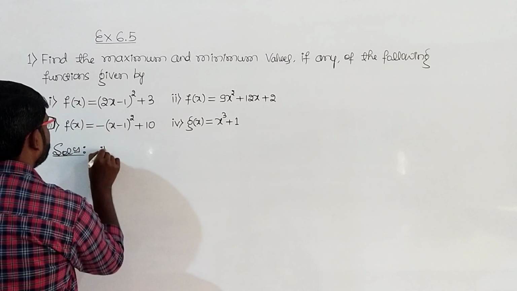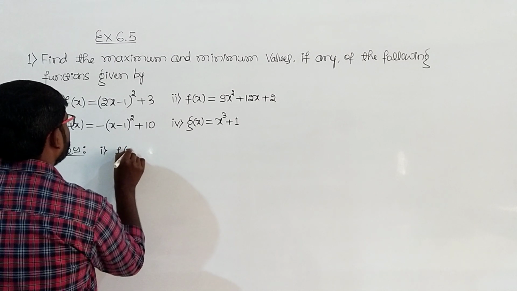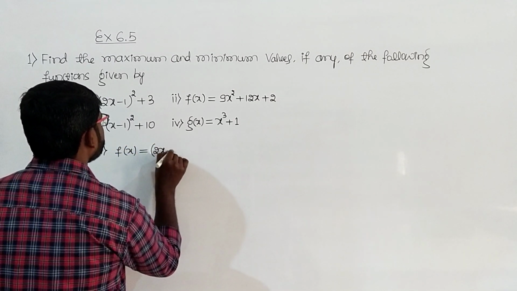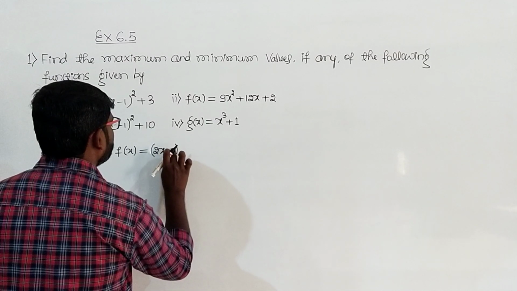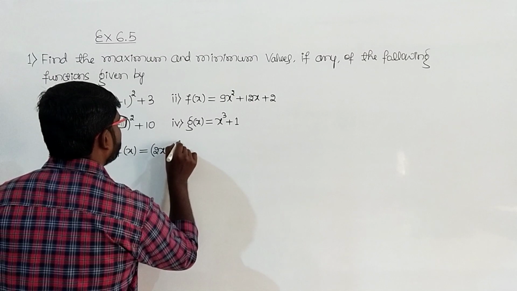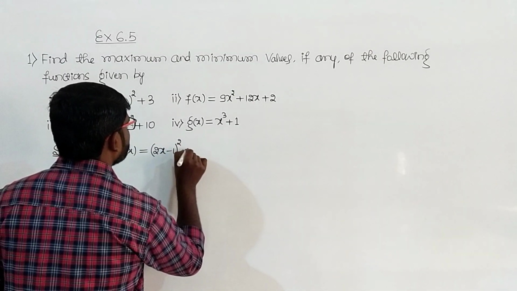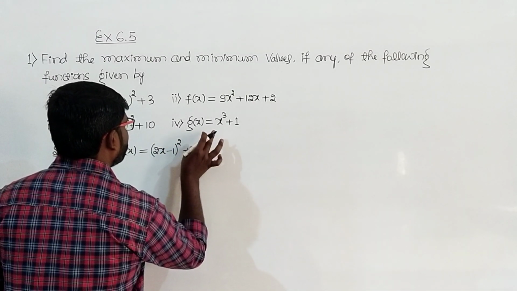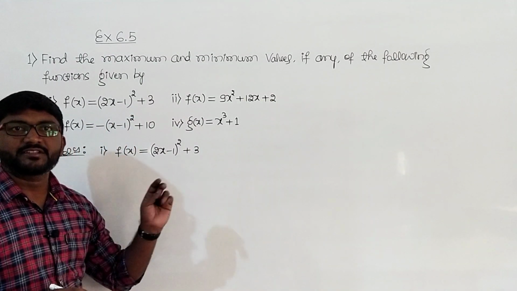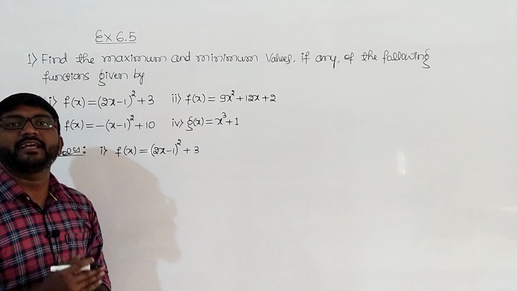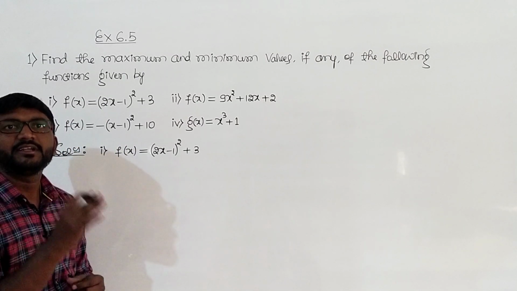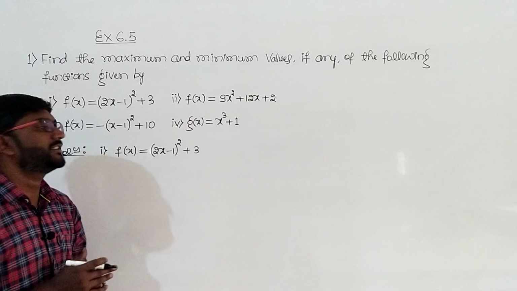First one, f of x equals (2x minus 1) the whole square plus 3. So you can find the maximum or the minimum value either by making use of first derivative test or the second derivative test. So I'll be going for the second derivative test, which is more convenient than the first derivative test.